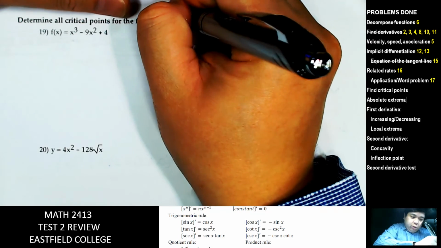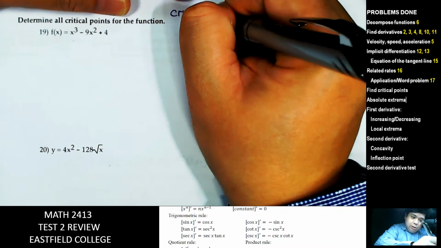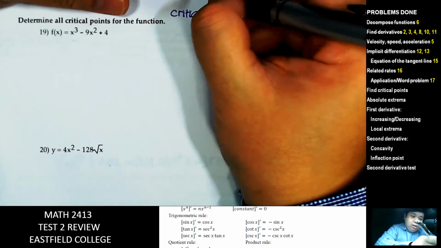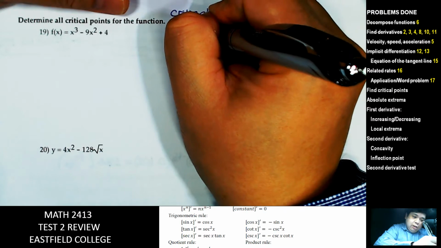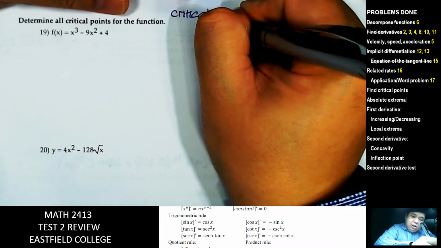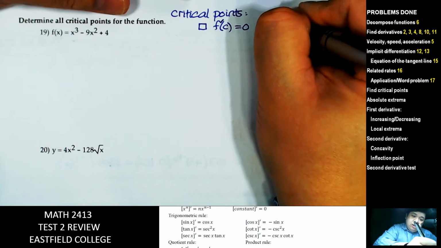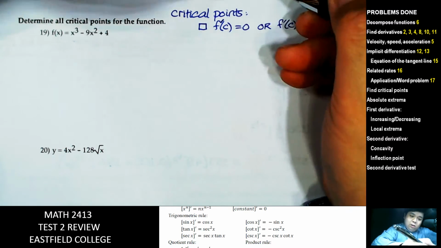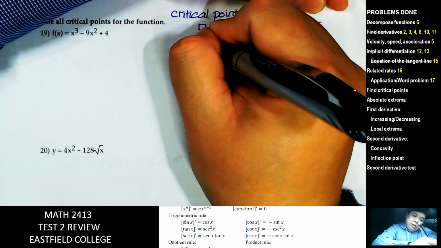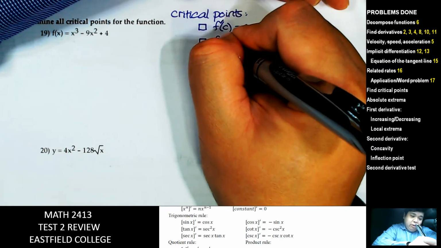For a critical point, we need to have two things. First, the derivative that is equal to 0 or does not exist. Second, it must be in the domain. So f of c is defined.